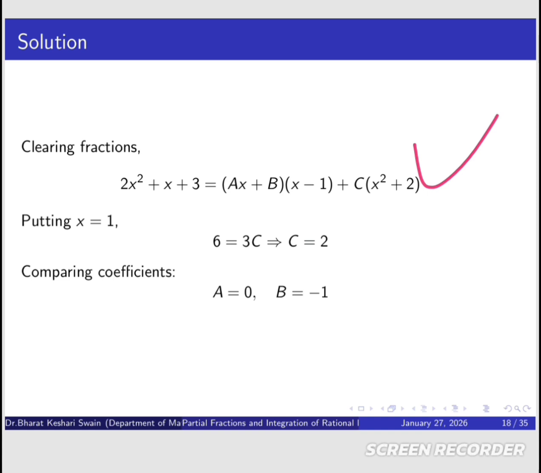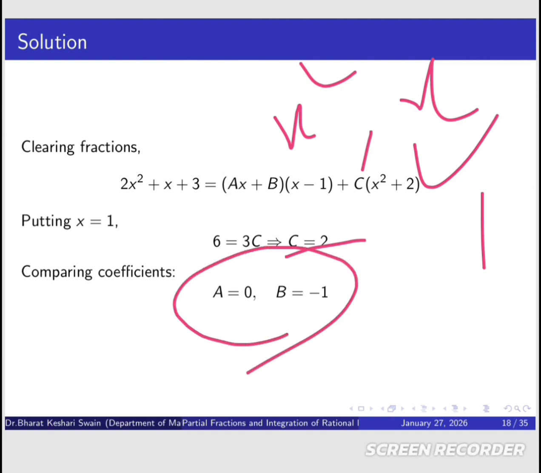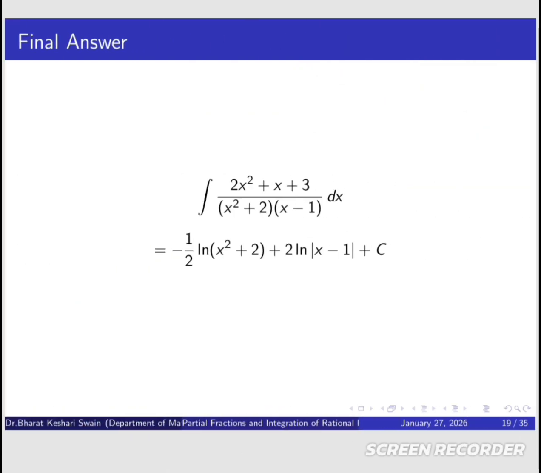Now putting x equal to 1, we can find the value of c here. c is equal to 2, and then comparing the coefficients of x square, comparing the coefficients of x, and comparing the constants, we will get a equal to 0, b equal to -1. And after getting all these constants, we can integrate easily. These are the answers. Clear? Is there any doubt? You can ask me.